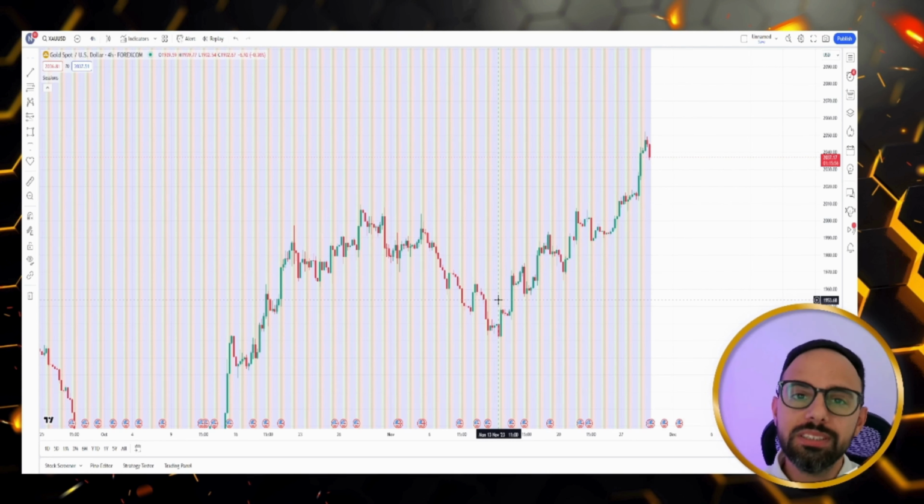Okay, now what this does is, of course, lower their risk to reward, but as long as they are good at identifying these areas, it will increase their win rate.